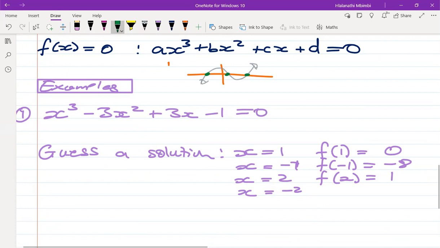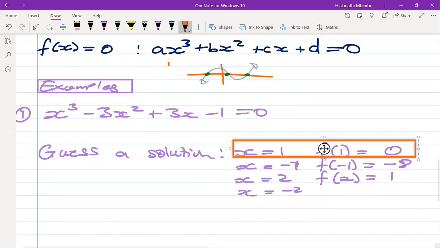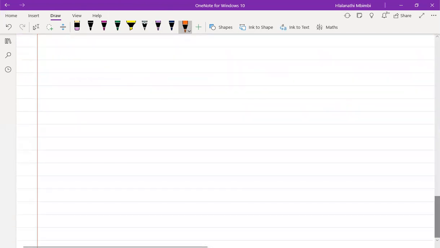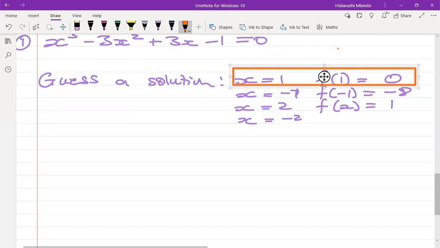That's why you would choose the one that has 0. If you look at that one over there, it has 0, so you will go with that one. So now x is equal to 1.